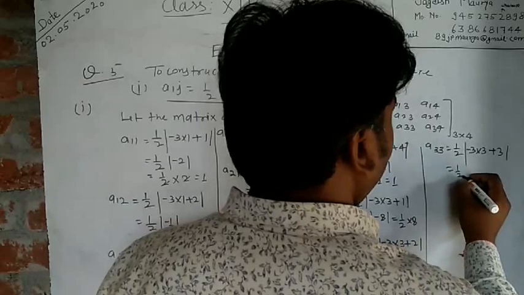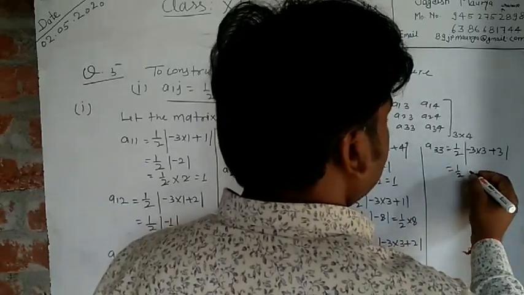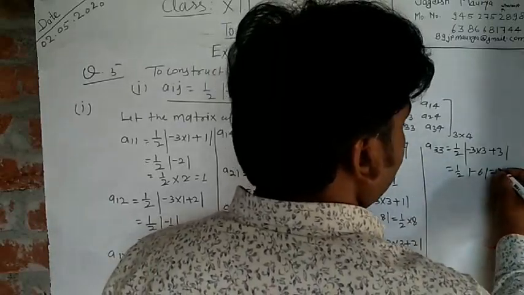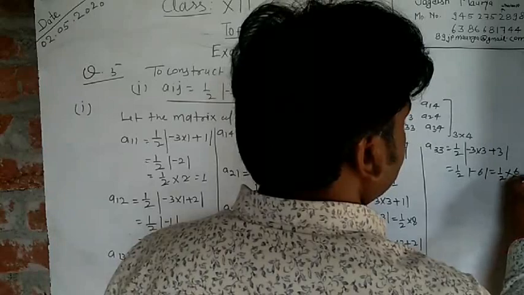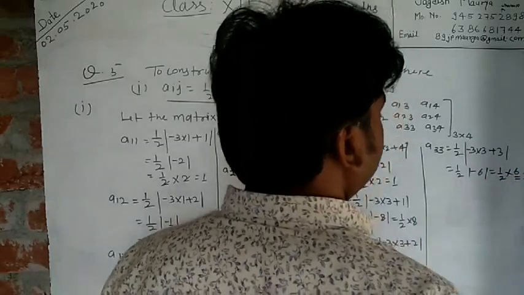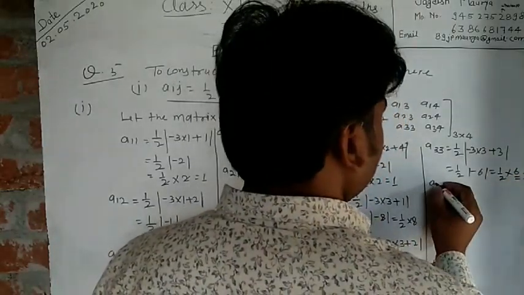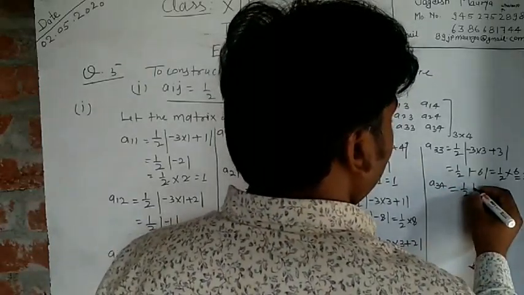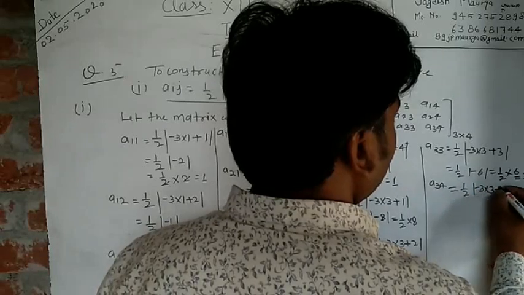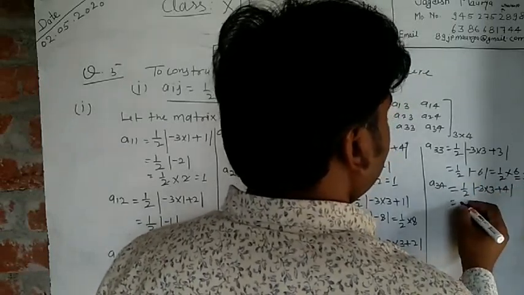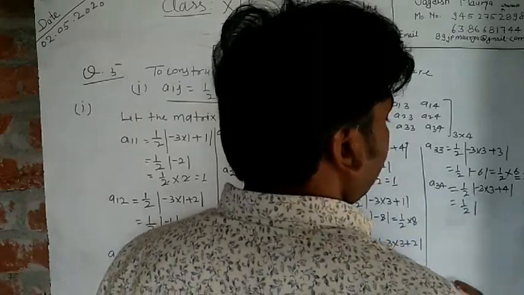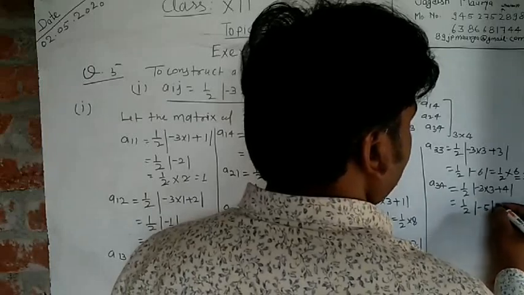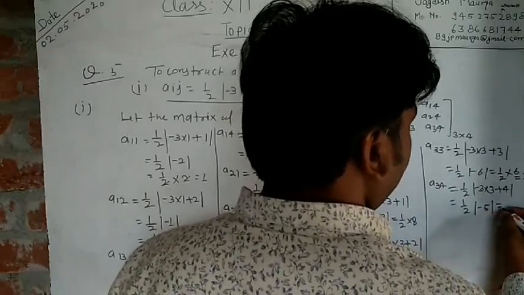This will come 1 by 2 mod of minus 9 plus 3, minus 6, mod minus 6. This equals 1 by 2 into 6 equals 3. Now A34: 1 by 2 mod of minus 3 into 3 plus 4. This will come 1 by 2 mod of minus 9 plus 4, minus 5, equals mod minus 5 means 5 by 2.